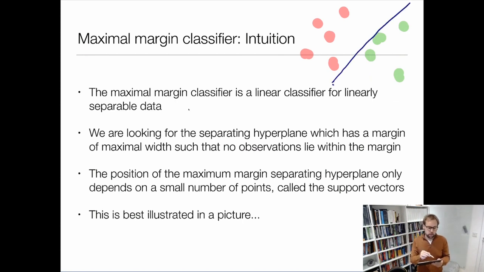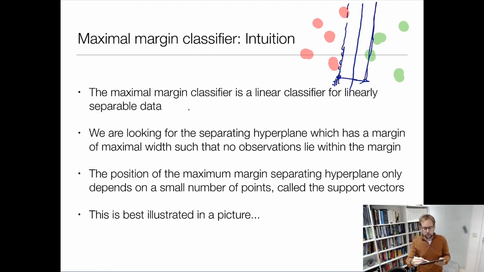Both are separating the data, but there might be one, for example, like this one here, which is furthest away from the data. And this distance between the closest data point on either side will give me this zone, which is what is called the margin. So this is the margin here, and I have a wider margin.